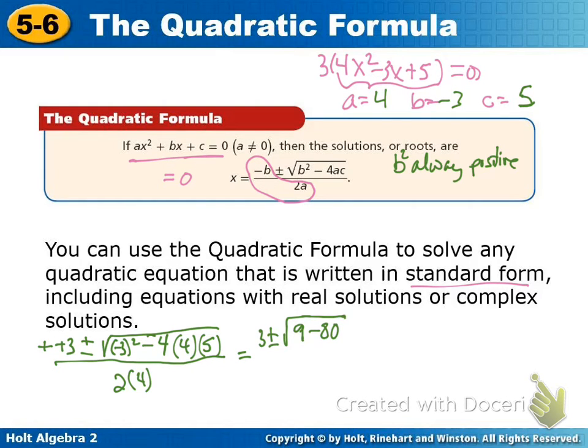So let's keep going with that. 9 minus 80 would be negative 71.